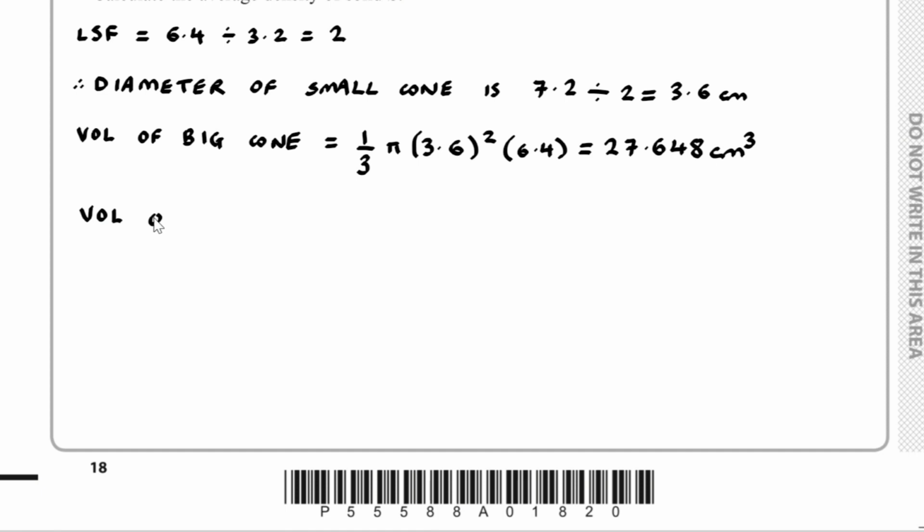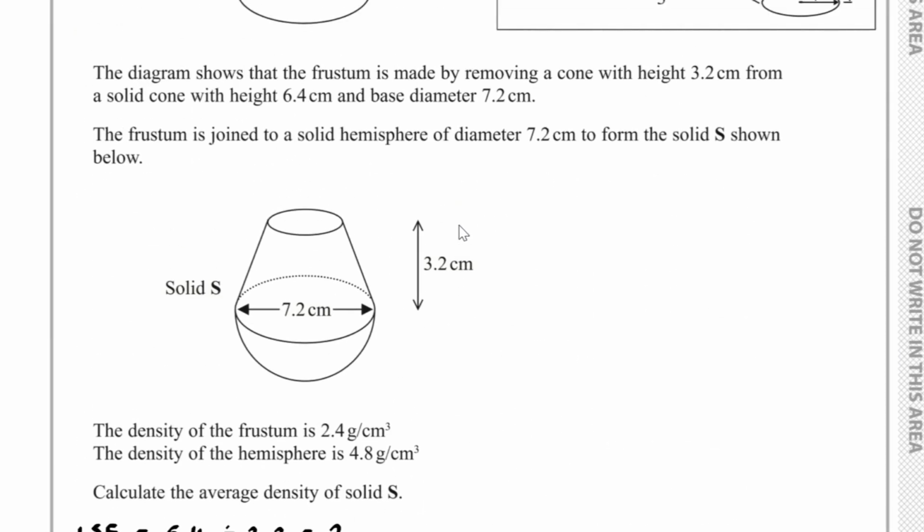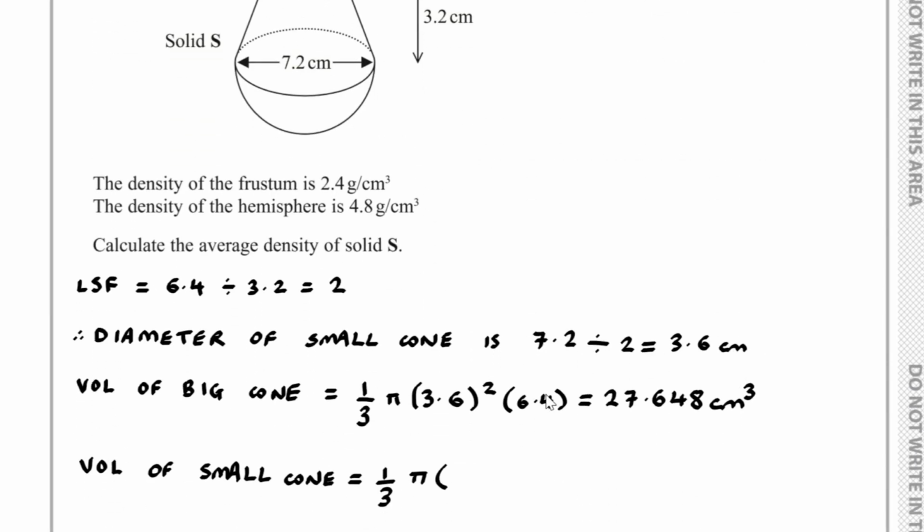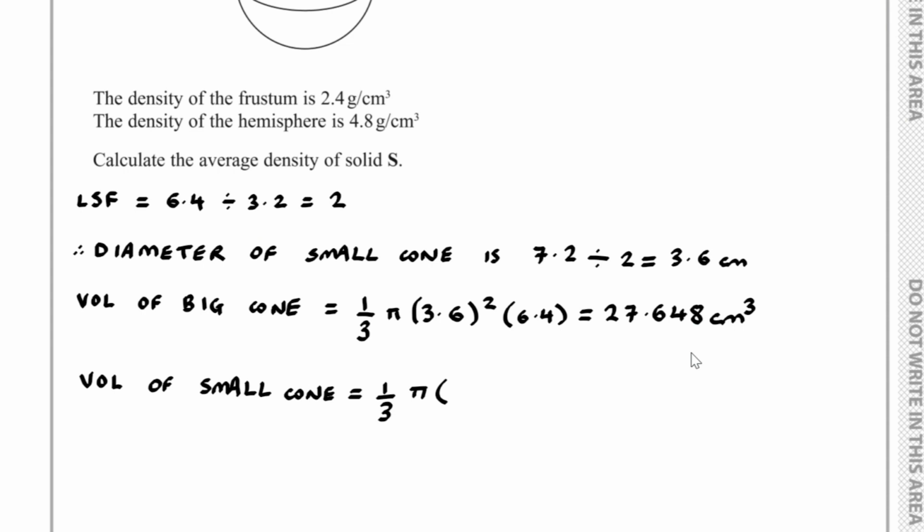We can also find out the volume of the small cone. The volume of the small cone, we've got 1/3 pi, and the radius here will be half the 3.6, which is 1.8. Then this is squared, and then I times by the height, which is 3.2.